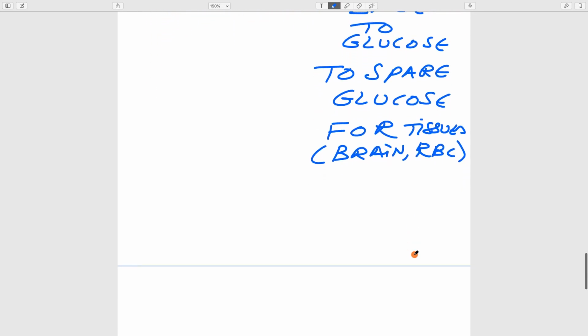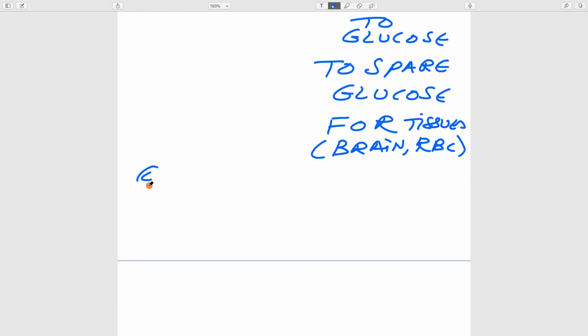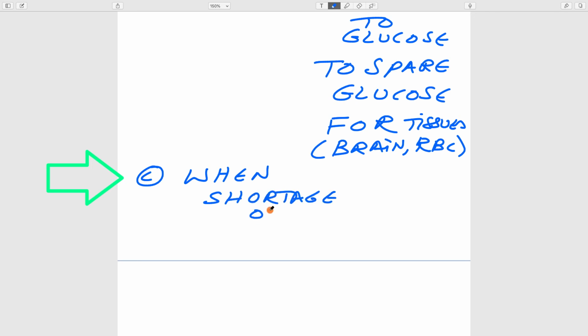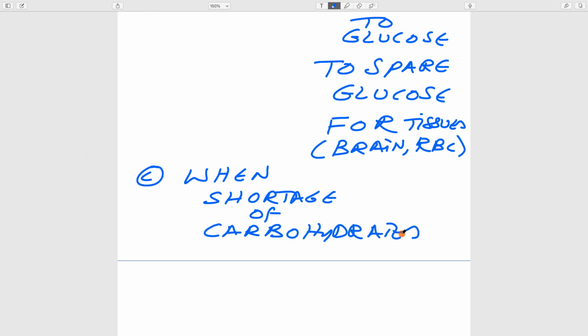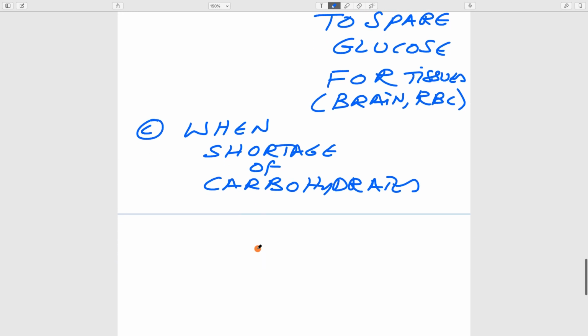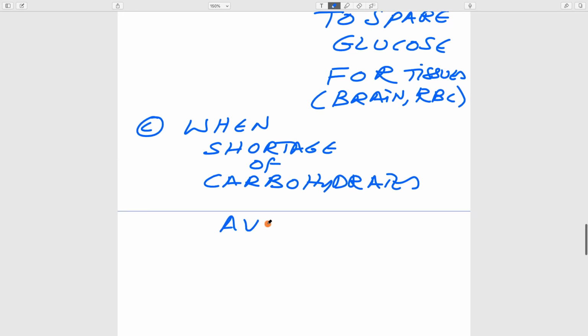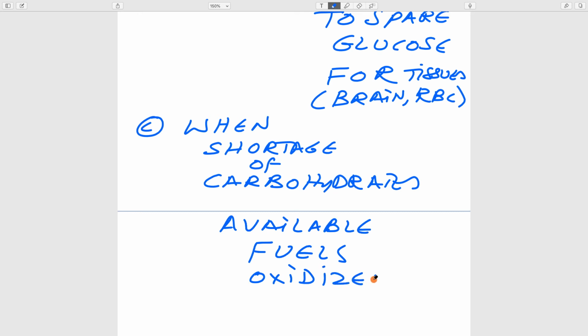Then the third aspect is when carbohydrates are not available, when there is a shortage of carbohydrates. In that condition, the available fuels are oxidized, that means fat and ketone bodies.